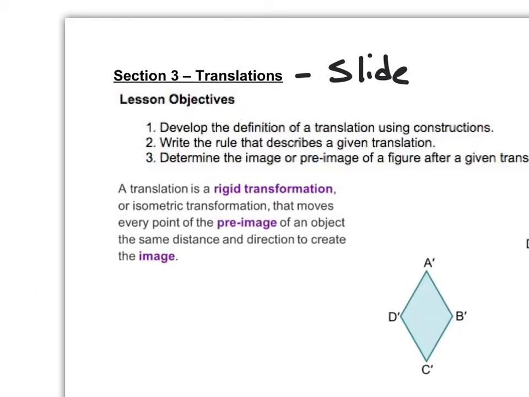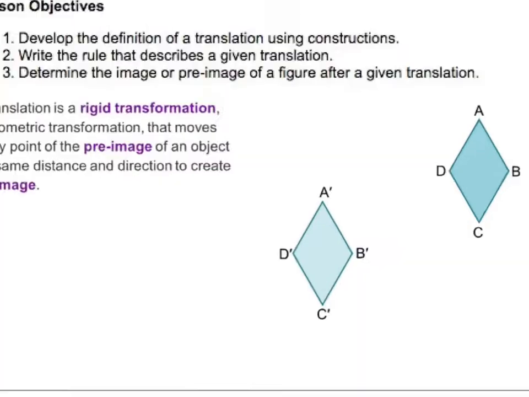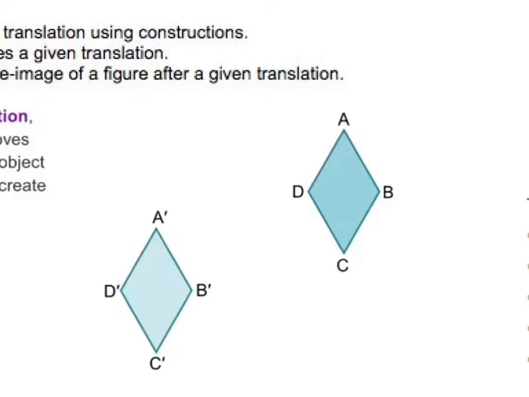Now let's go back and talk about this. A translation is a rigid transformation or isometric transformation that moves every point of the pre-image of an object the same distance and direction to create the image. That means if we draw a line from point A to A prime, that's going to be the same distance going from D to D prime.